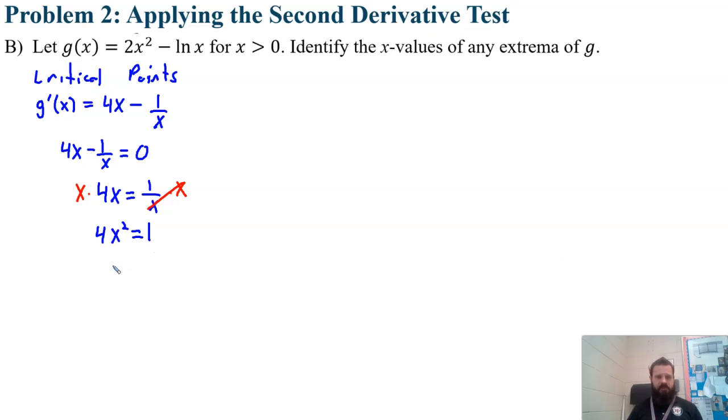Then we can divide both sides by 4 and end up with x squared is equal to 1/4. And take a square root on both sides of the equation, which is going to leave us with x equal to plus or minus square root of 1/4. Okay, square root of 4 is 2, so that'd just be 1/2 for this one here.